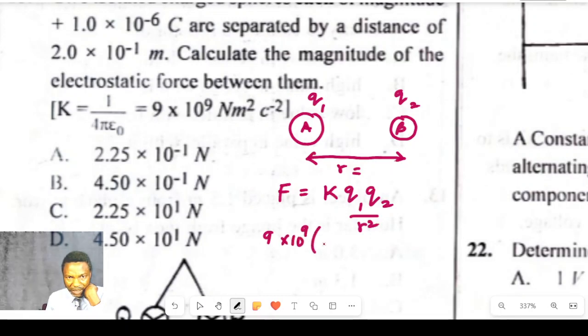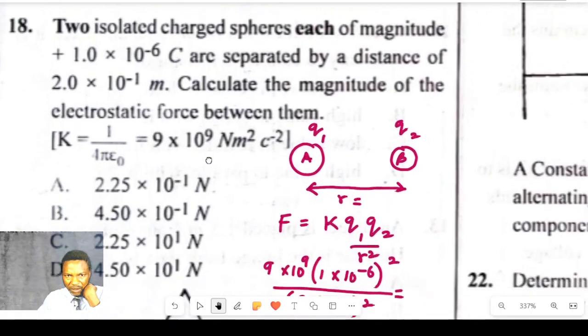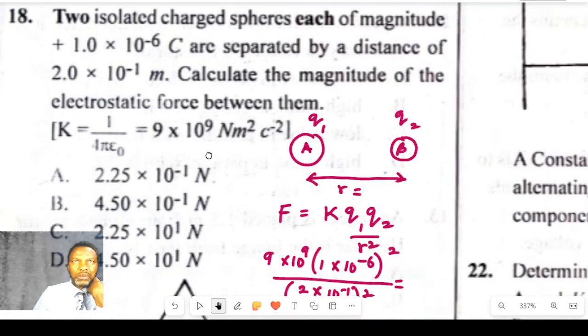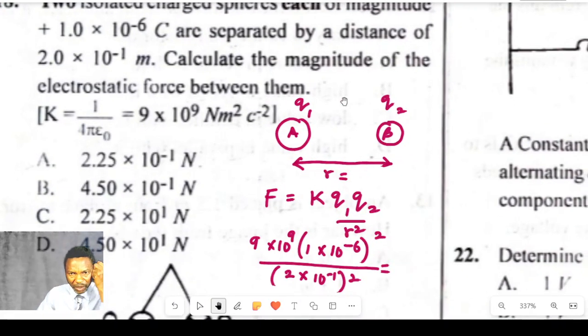Then all over, 1 times 10 raised to power minus 6 all squared, divided by 2 times 10 raised to power minus 1 all squared. If you work this out, it's going to give you the answer. So for question 18, the answer is A.